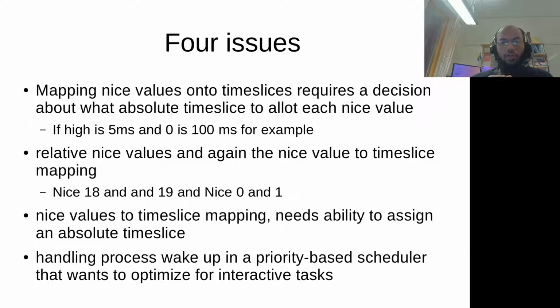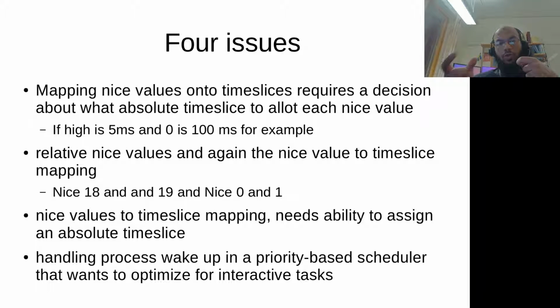What you would typically want is to have something with a nice priority value of 19 and something with a nice priority value of minus 20 relatively.